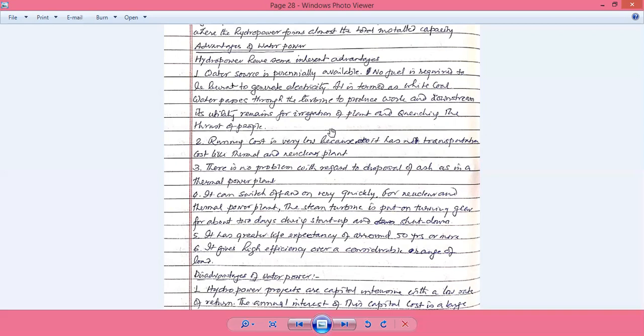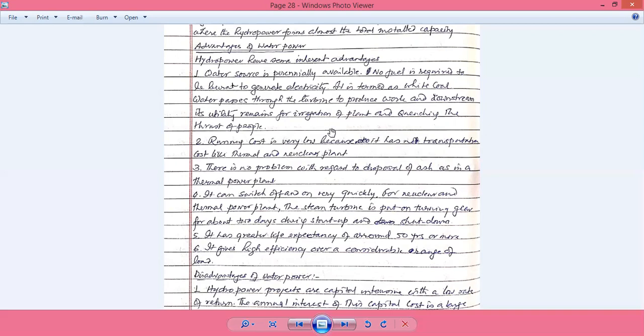Fuel is available naturally. There is no cost of transporting the fuel like in a thermal power plant. There is no cost of preservation of waste like ashes in a thermal power plant, and no problem with regards to disposal of ash.